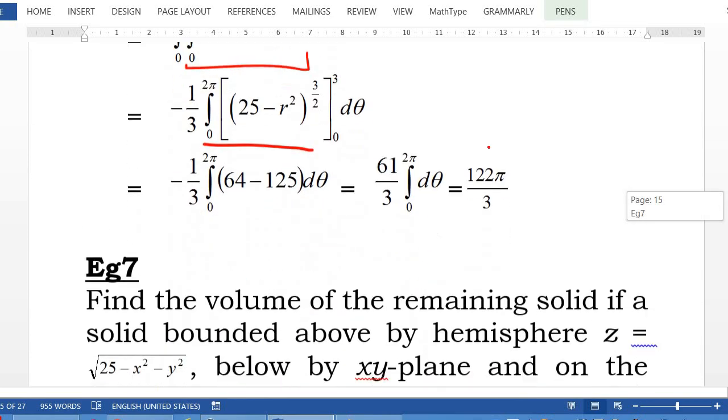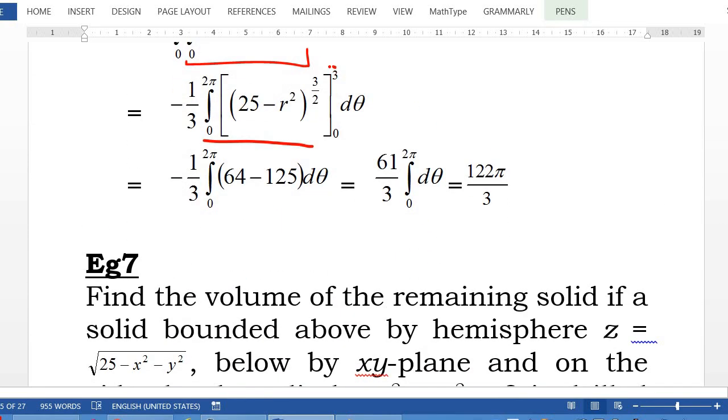So same integral, and you plug in. Plug in r equal to 3, so r squared is 9, and 25 minus 9 is 16. 16 to the power 3 over 2 is the square root of 16, then cubed. The square root of 16 is 4, and 4 cubed is 64.